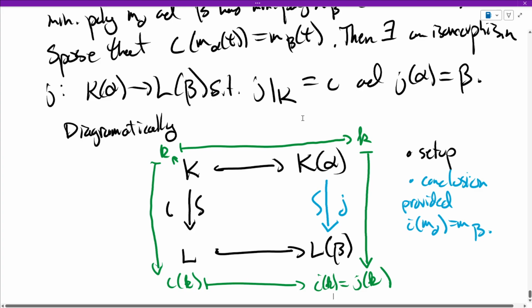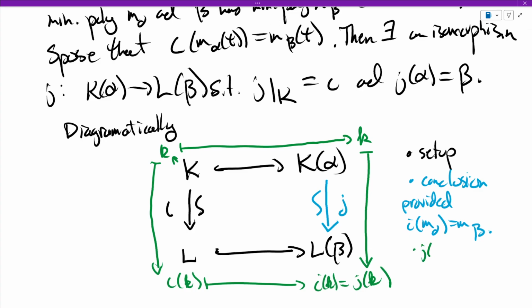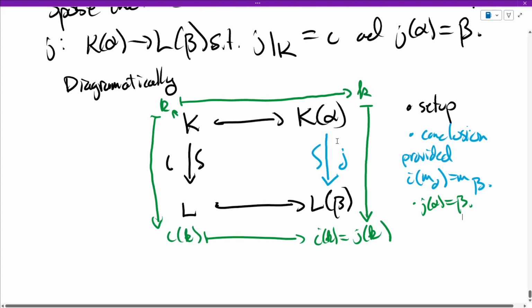It's saying that, hey, when I do this process, I'm just doing iota. So iota and J agree on K. And the second thing that it's saying is that J of alpha is beta. So you can extend this isomorphism iota to J in a way that sends the root of the minimal polynomial before iota to a root of the minimal polynomial after iota.